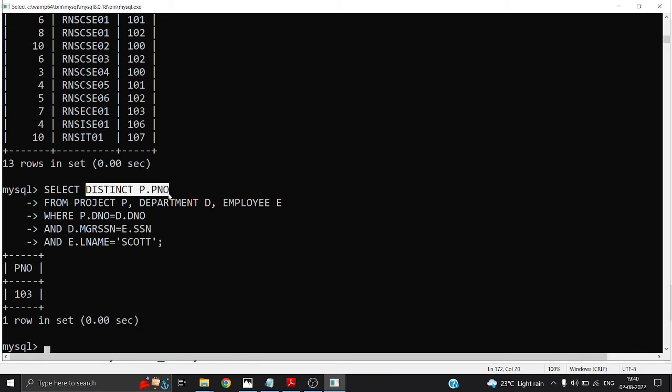As we are referring to three tables, that is the project, department as well as the employee. Here the project number and d.dnumber, and d.MgrSSN and e.ssn. This employee and department, these two tables actually give the information about whether that employee Scott is the manager or not. Because of that we are referring to the department table and the employee table combined here.